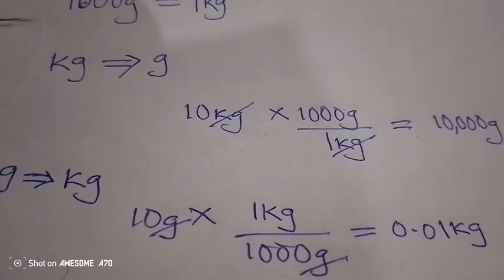Understanding that is the relationship, we want to do some conversion. We're converting first of all from kilogram to gram. Whenever you're converting from a greater quantity to a lesser quantity, you should make sure that the relationship that you have is used to multiply the value you are converting from.